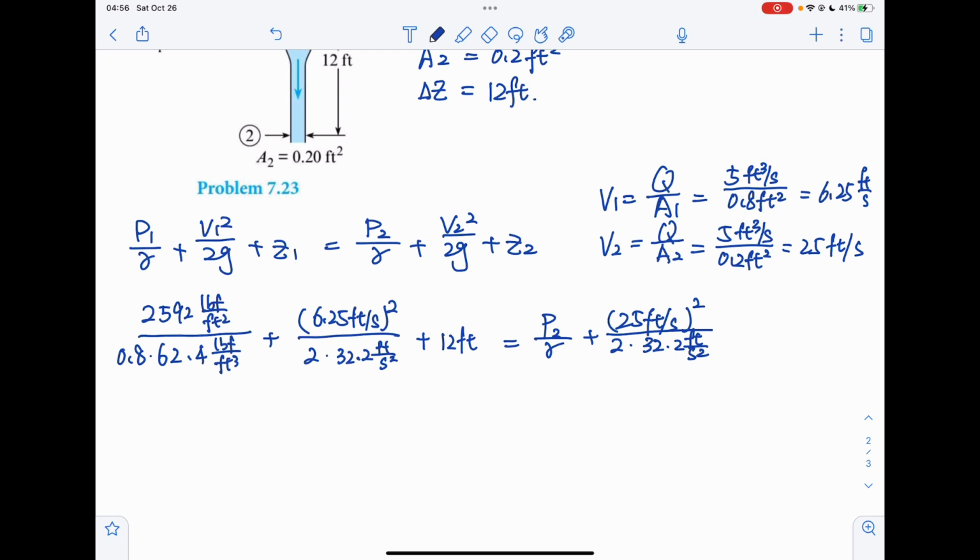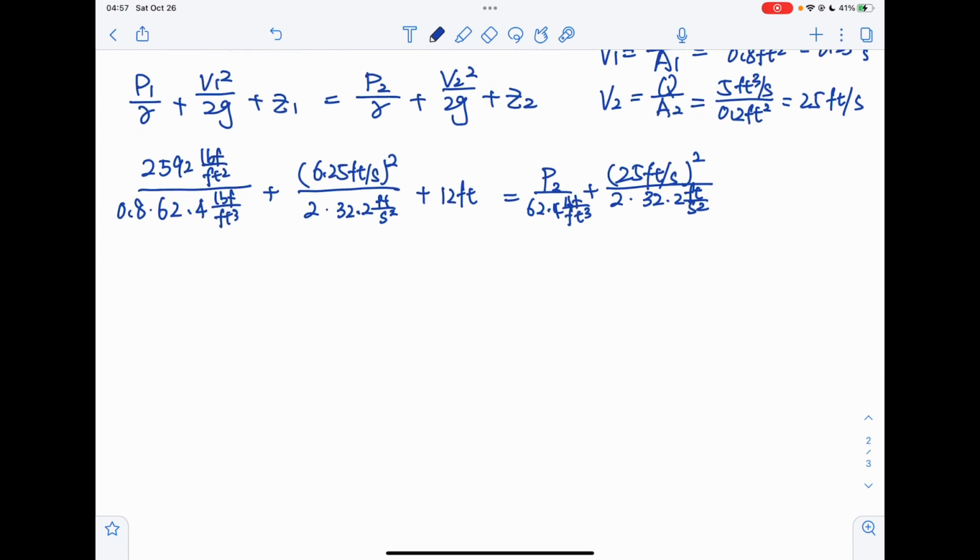Okay, and gamma here is still 62.4 lbf per cubic feet. So now I'm gonna solve this entire equation. We will have P2 equals 2,287 psfg, which equals 15.9 psig.